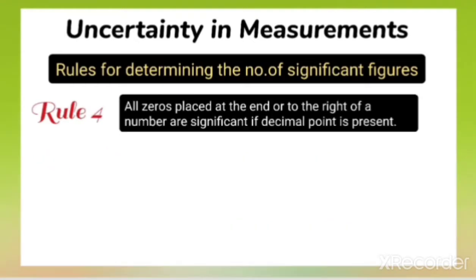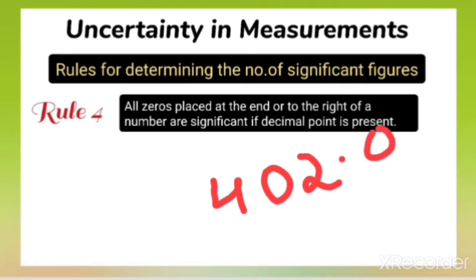Now rule 4 says all the zeros placed at the end or to the right of a number are significant if a decimal point is present. What it means, like if I take the example 402.0.